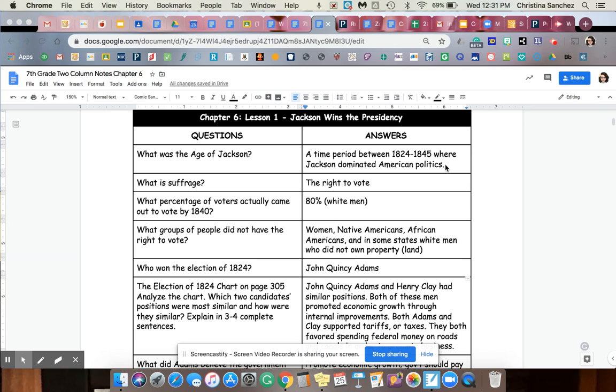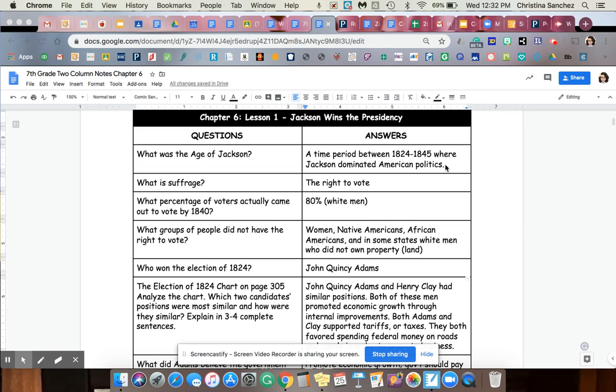Your next question is, what percentage of voters actually came out to vote by 1840? This is actually a huge majority as compared to before. It's about 80%. One of the things you have to remember is that the majority of the people who came out to vote were white males. Next question, what groups of people did not have the right to vote?